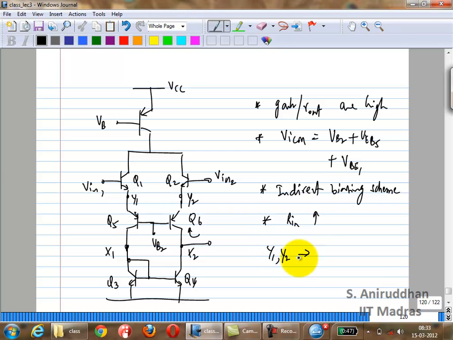If you look at the common mode, where are they? It's just V in minus VB, right? The common mode is close to V in at Y1 and Y2.